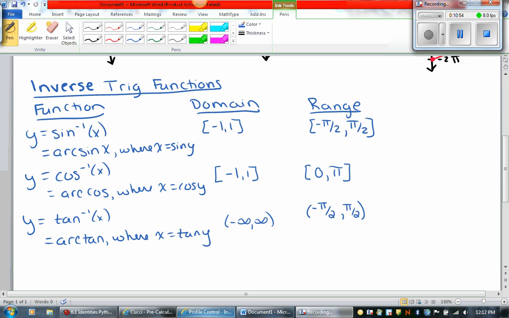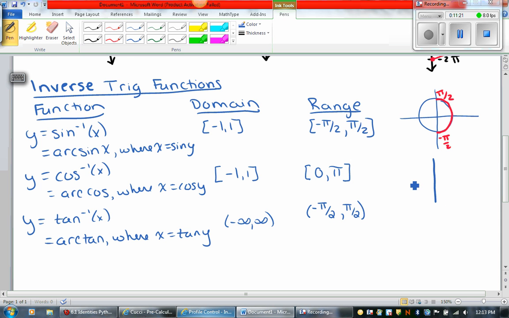So what that might look like on the unit circle, if we're talking about arc sine or sine inverse, you wind up with your unit circle, and your restricted range is going to be from here to here. This is negative π/2, this is π/2. For cosine, we're talking 0 to π, so we're here to here.